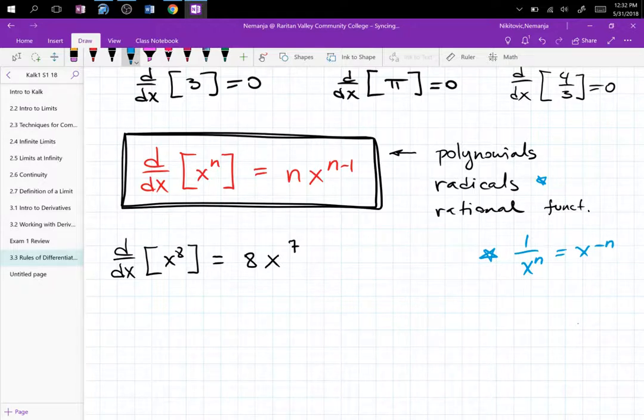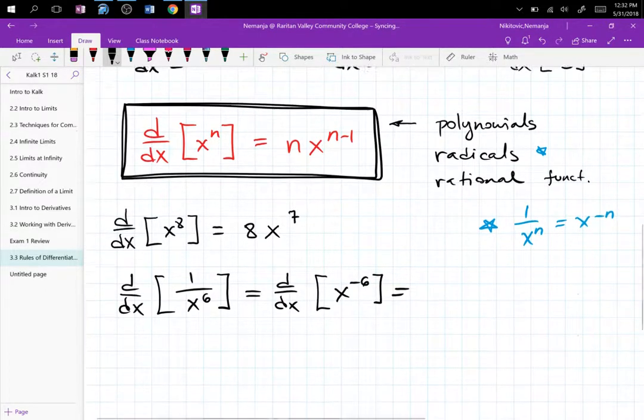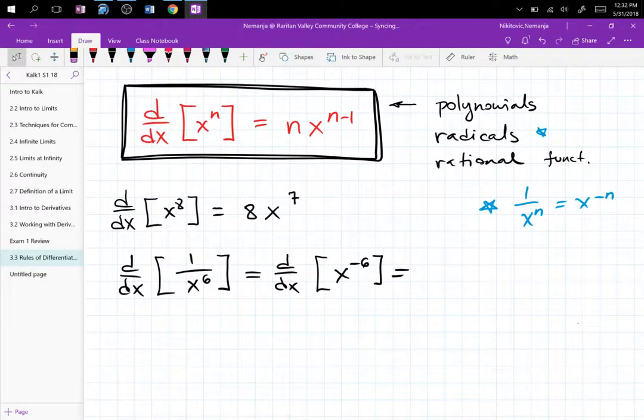So if I ask you to find the derivative of 1 over x to the 6, you will first rewrite this as x to the negative 6, and then just use the same rule in red.